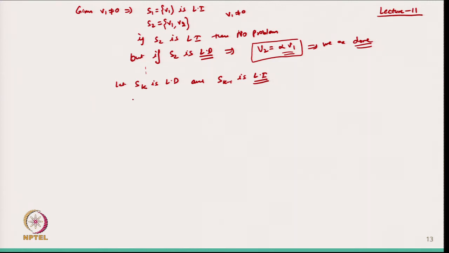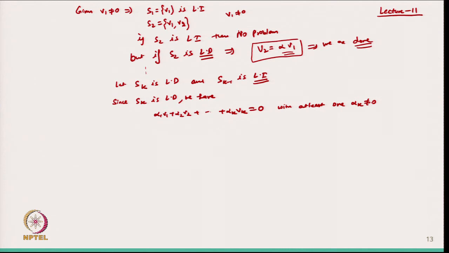Now, since Sk is linearly dependent, we can write alpha 1 V1 plus alpha 2 V2 up to alpha k Vk equal to 0, with at least one alpha that is not equal to 0.